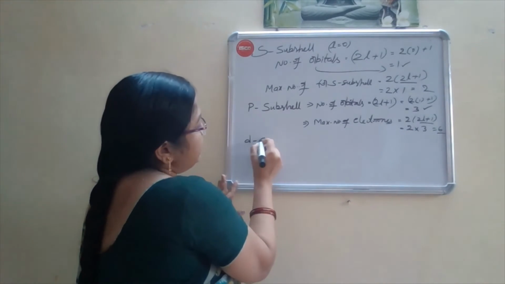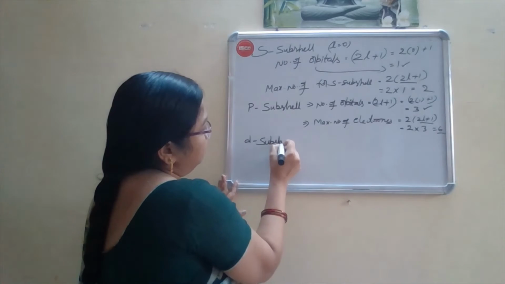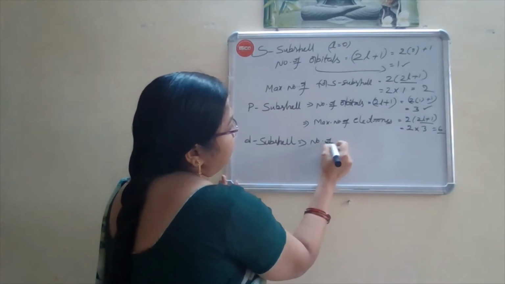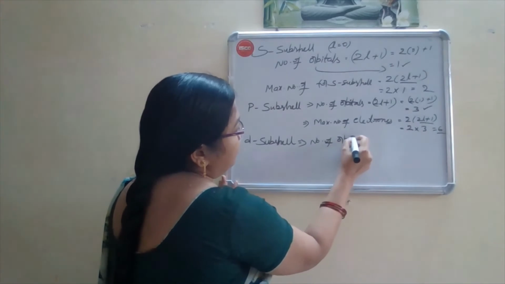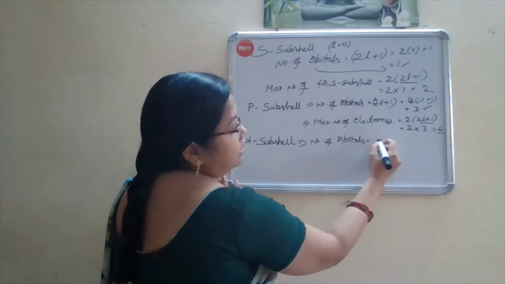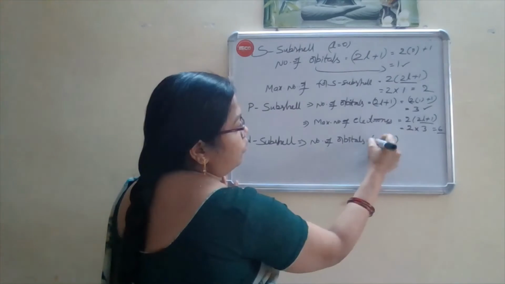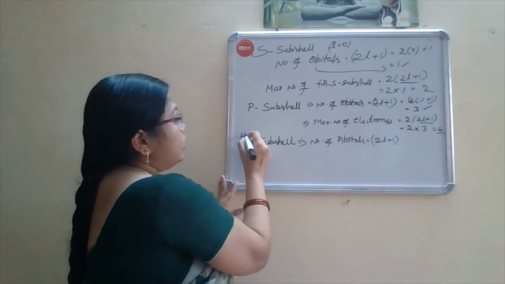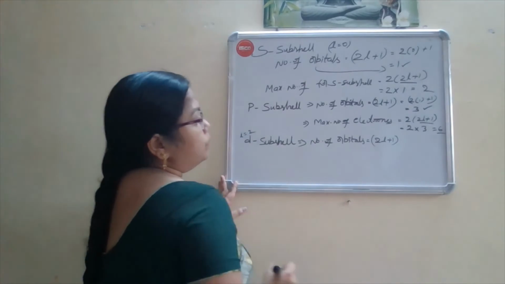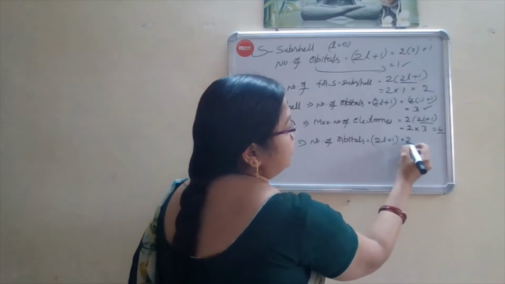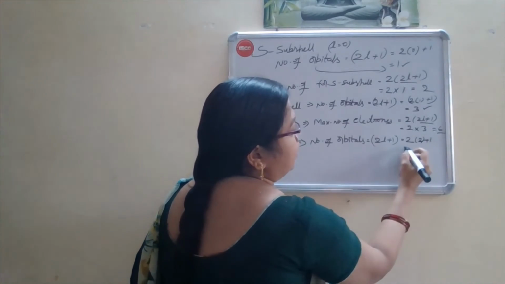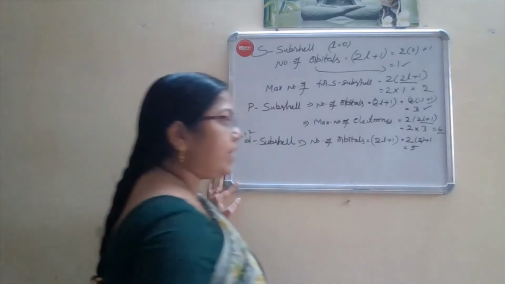Next, D subshell. Number of orbitals is equal to 2L plus 1. For D subshell, L is equal to 2. 2 into 2 plus 1 is equal to 5.